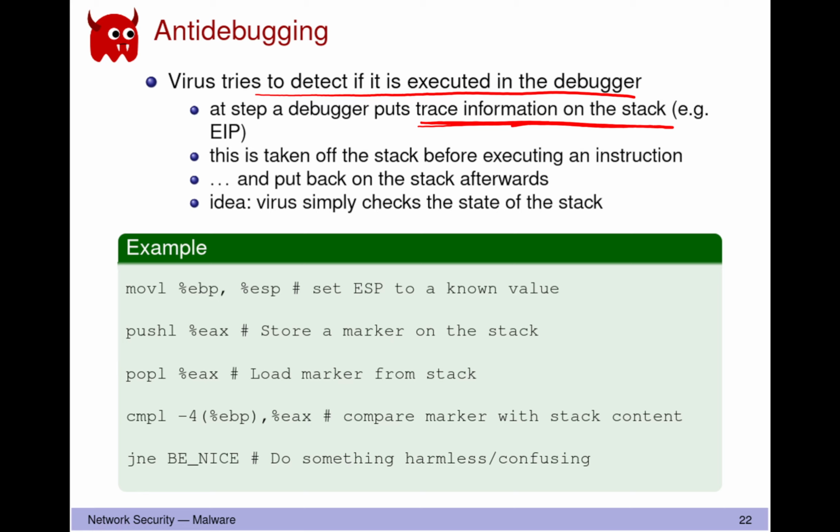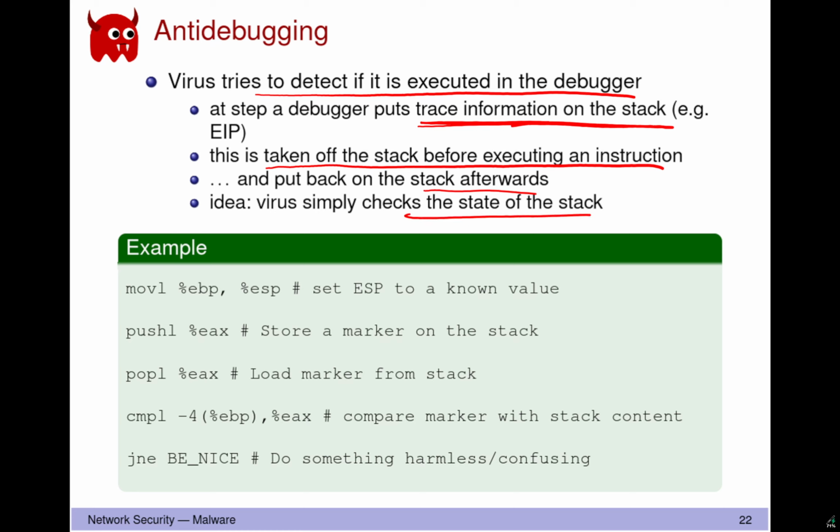So this is some debugging backup information or some kind of processing information. It puts it on the stack, and it's taken off the stack before executing an instruction, and put back on the stack afterwards.